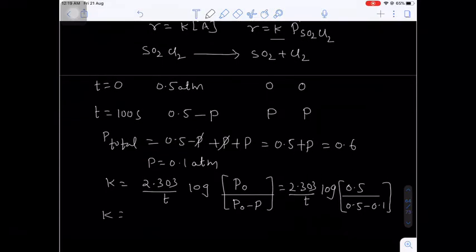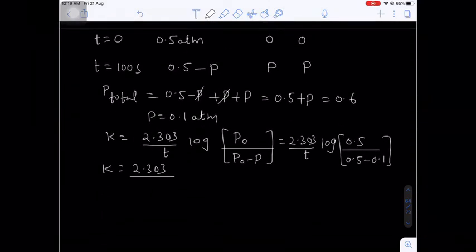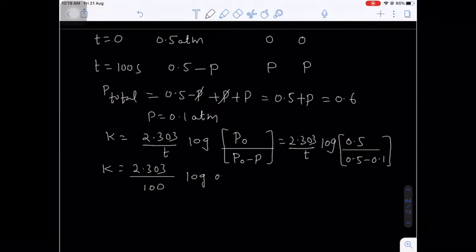So K equals 2.303 by the time period given in the question, 100 seconds, log of 0.5 in the numerator divided by 0.4.